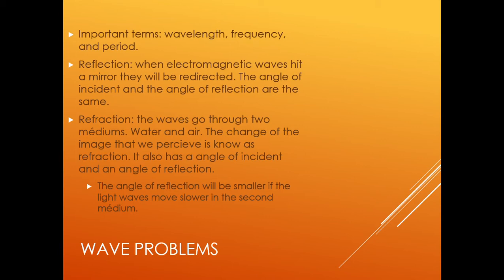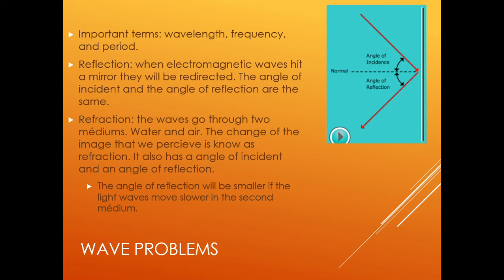But what happens in refraction is that light can go through two different mediums, such as air and water. And the behavior of how light acts upon air and how it acts upon water is different. So the angle that you get later on is not the same. Just like it says right there, the angle of reflection will be smaller if the light waves move slower in the second medium.